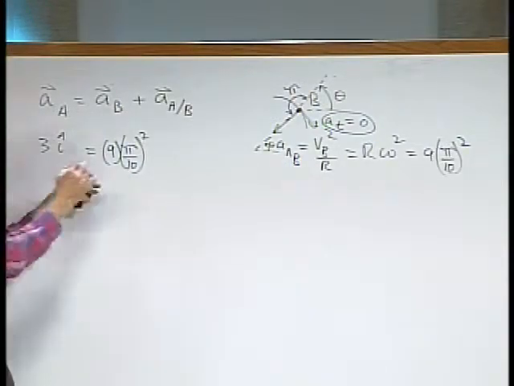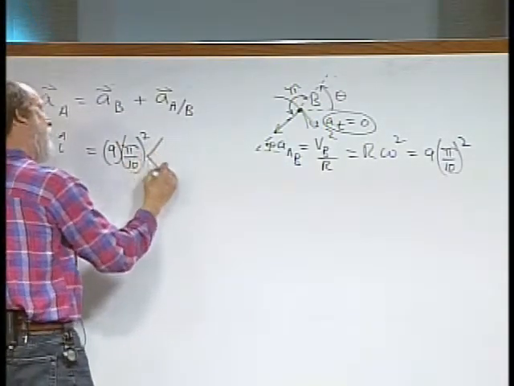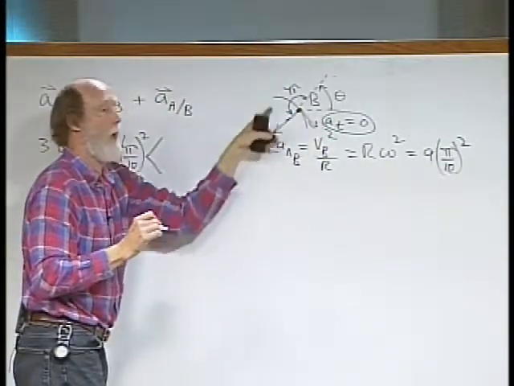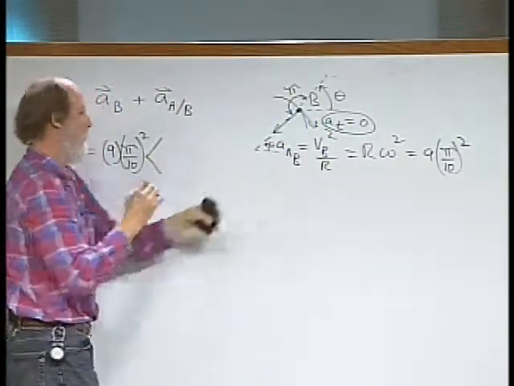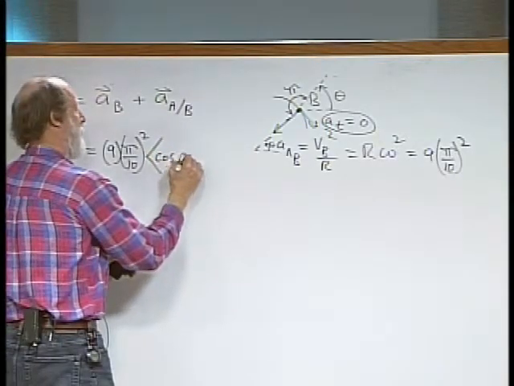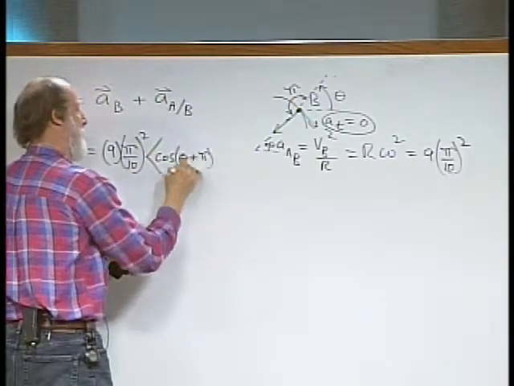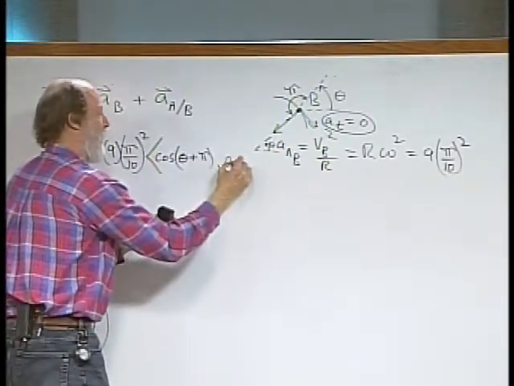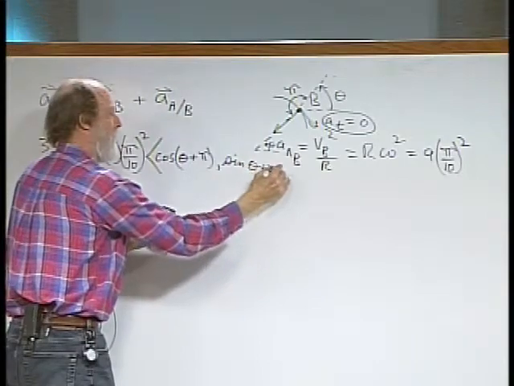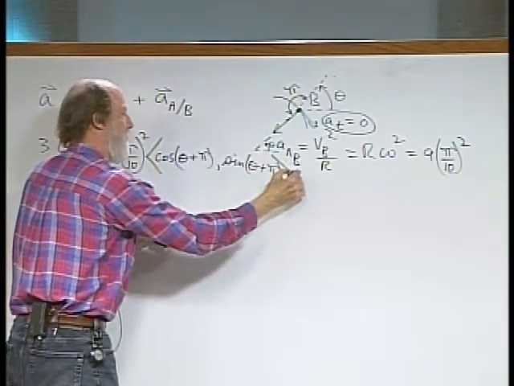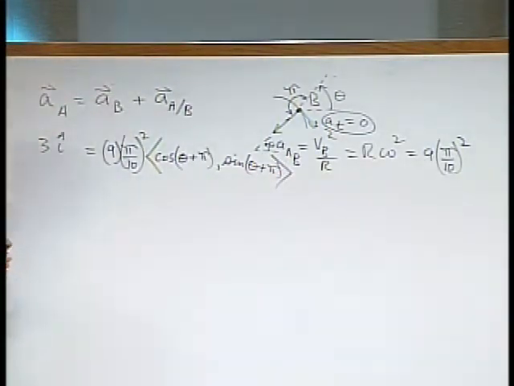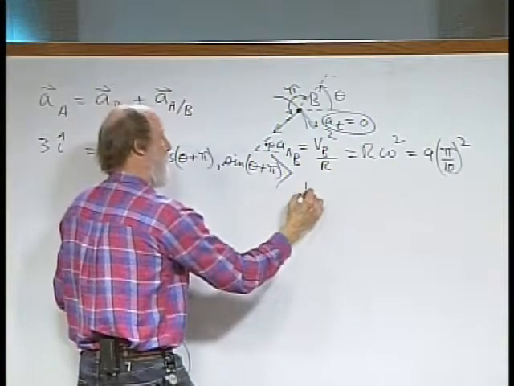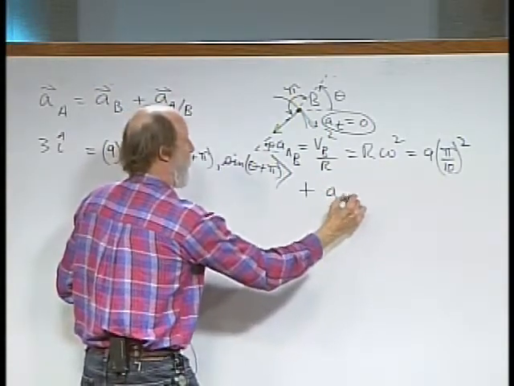And now the direction of it is cosine of this standard angle, cosine of theta plus pi, comma, sine of theta plus pi. Plus the relative term.